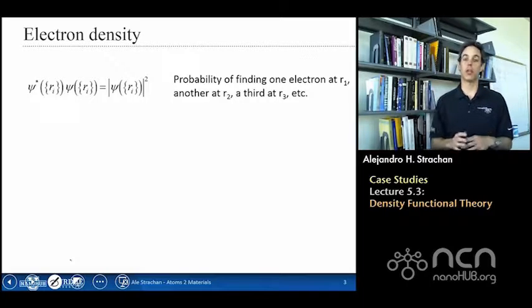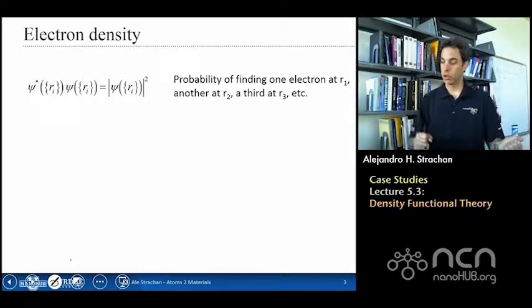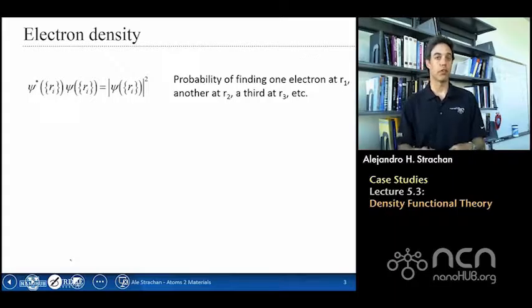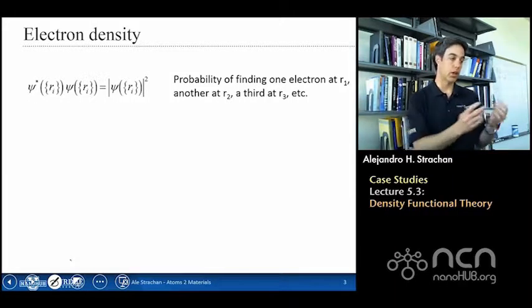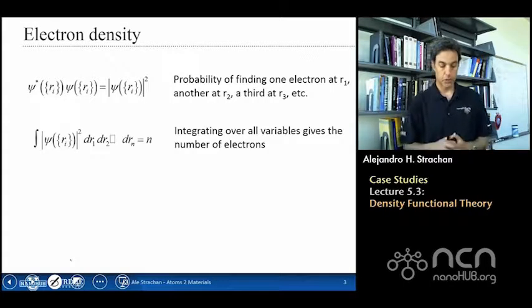Remember, I cannot say the probability of finding electron 1 at r1 or electron 2 at r2, because electrons are indistinguishable. The probability is the probability of finding one electron at this position and another electron at this other position.